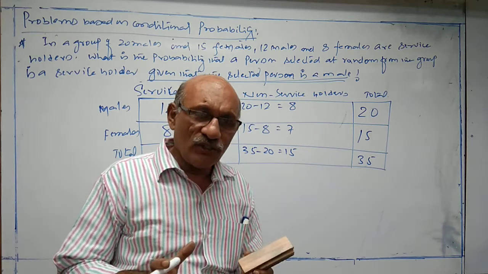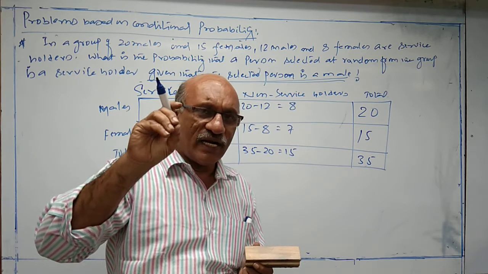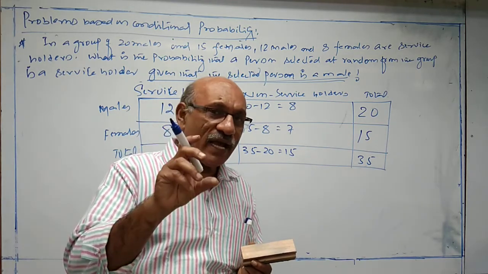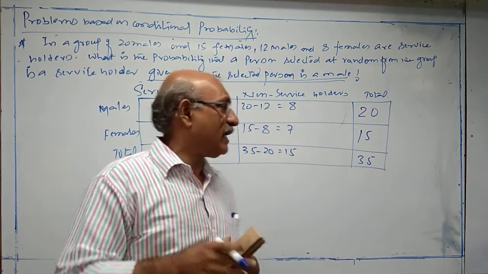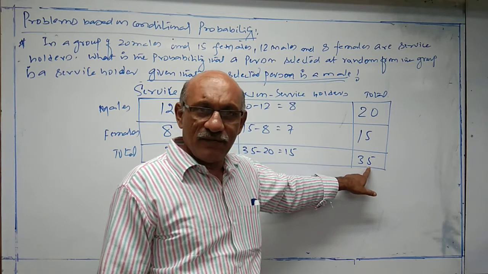Suppose in the question it is given that one candidate is selected at random. Listen carefully. It means from 35 candidates you are selecting one candidate.